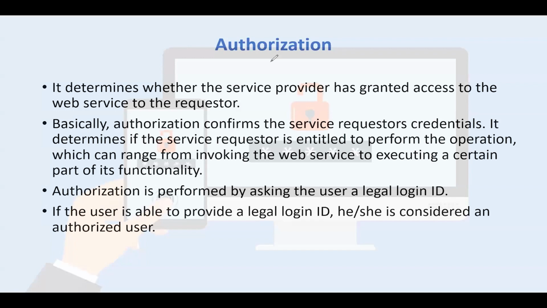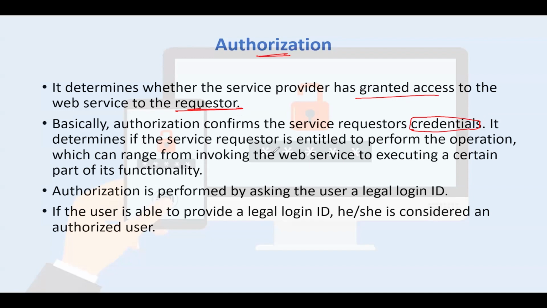Authorization is something which we come across every day. It determines whether the service provider has granted access to the web service to the requester. So basically, authorization confirms the service requester's credentials. So what are these credentials? They are nothing but your ID and password.